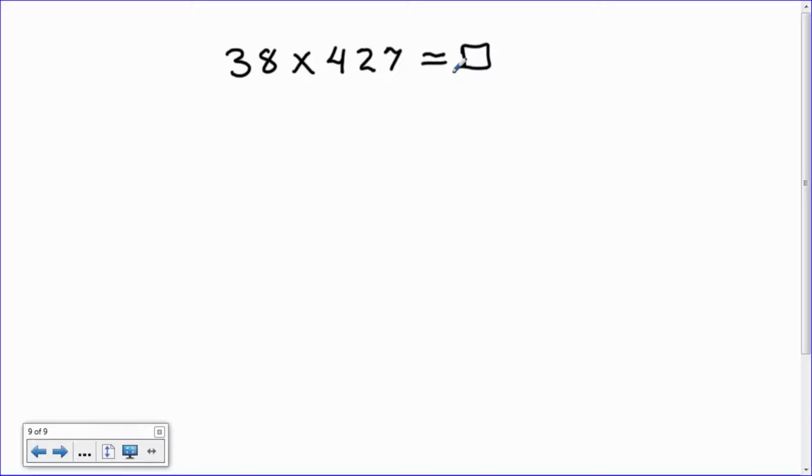In other words, what's the product of these two numbers? Again, we would write this as 38 times 427.